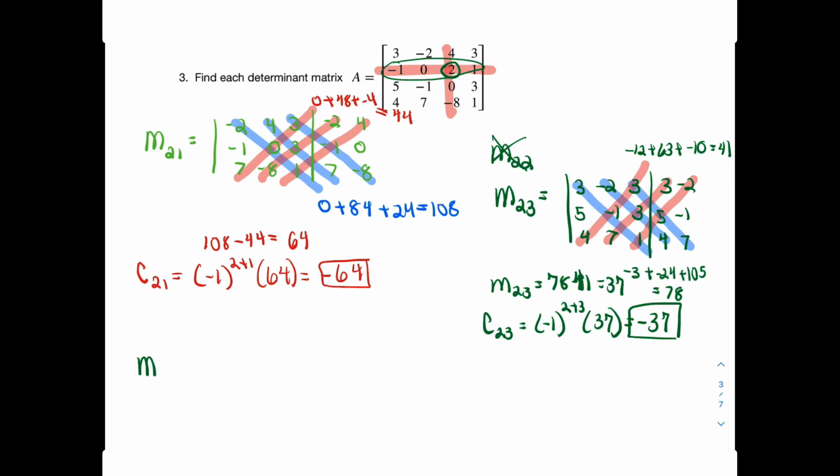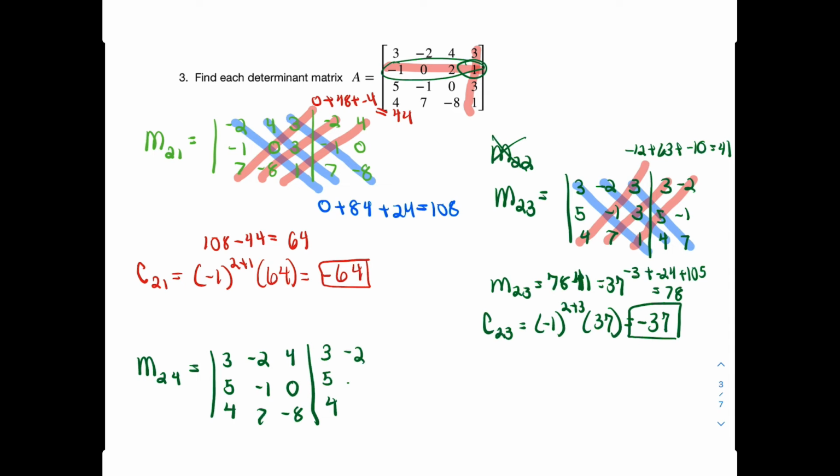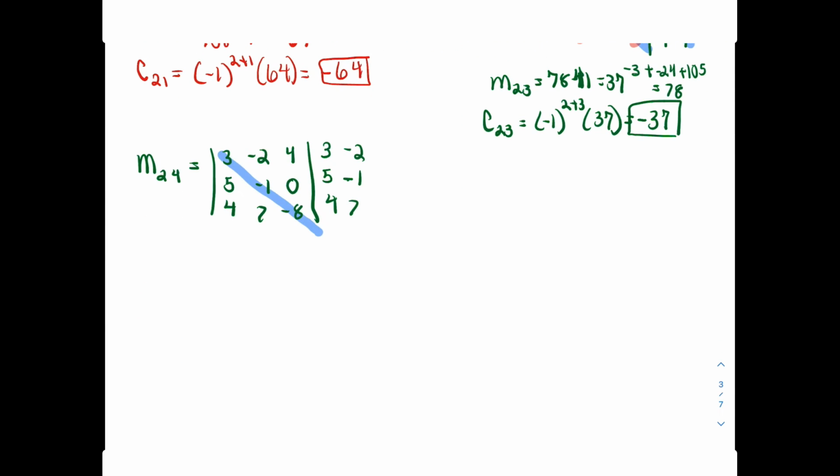I need to find the minor for my second row, fourth entry. So I'm going to delete my second row and my fourth column and find the determinant of what's left over. So remember, for a determinant of a 3 by 3 matrix, I find the product of all diagonals down and add them together, minus the sum of all the diagonals up.